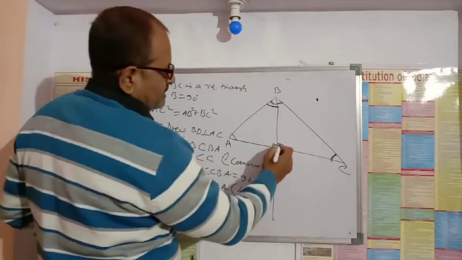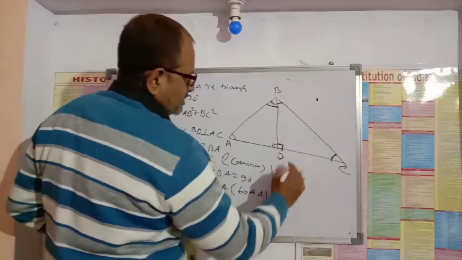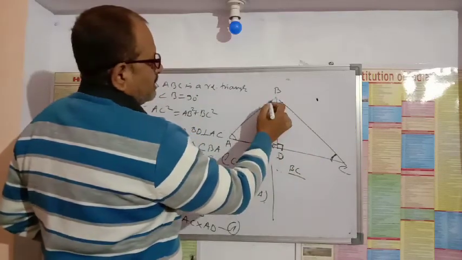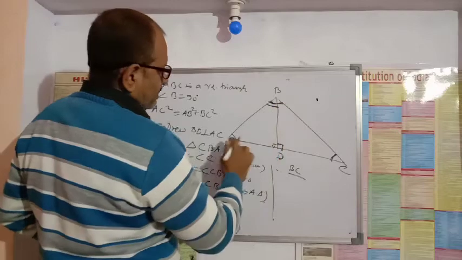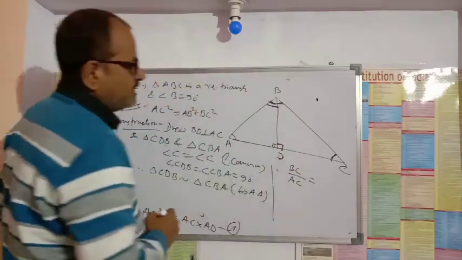What are the corresponding sides? This angle is 90 degrees, its opposite side is BC. In the big triangle, this angle is 90, so its opposite side is AC. We will write BC upon AC.